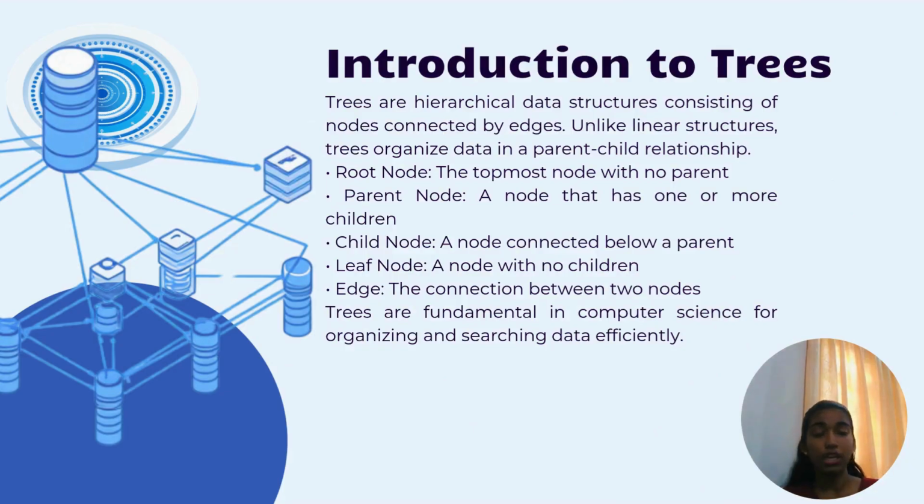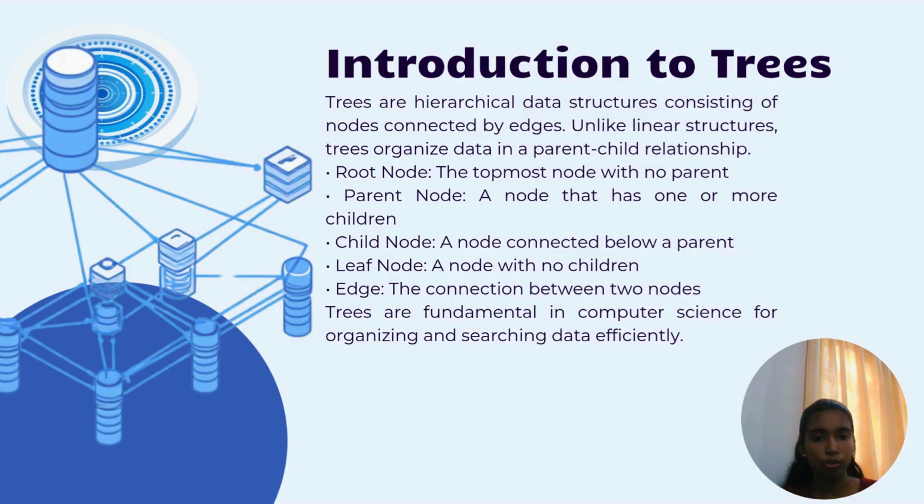When we hear the word tree, we normally think about nature. But in computer science, a tree is a structure used to organize data in a hierarchical way. A tree is made up of nodes connected by edges. At the very top, we have the root node. Below that, we have parent and child nodes connected together. And the nodes without children are called leaf nodes.